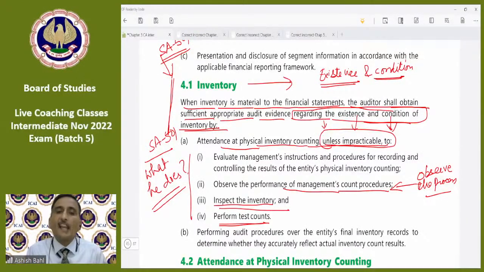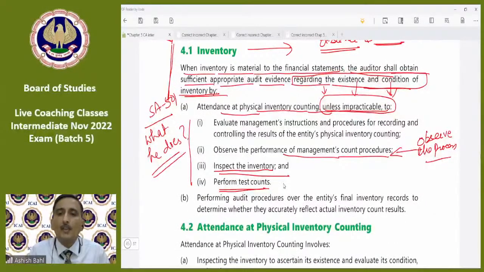And perform test counts. Perform test counts means he shall also physically make test checking. Say out of 1,000 boxes lying in a godown, he may count pieces in 5 or 10 boxes to gain satisfaction. This is the meaning of performing test counts. So is it clear to you guys?